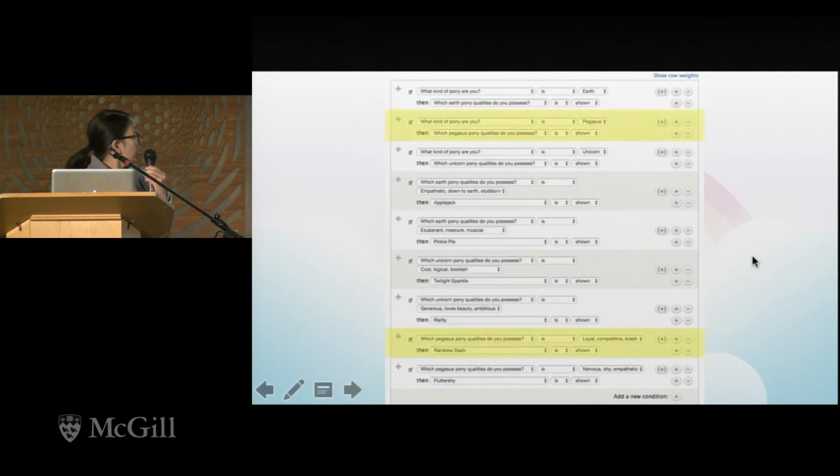And what you see, as I've highlighted here, is the actual decision stream that we took that led to the result of Rainbow Dash. Now, if your users chose a different decision stream, then definitely it will lead to a different result.